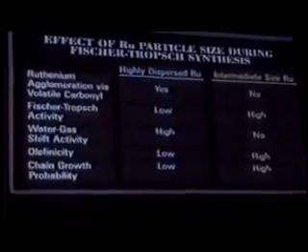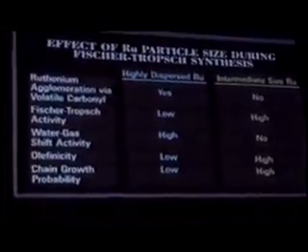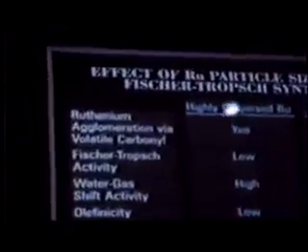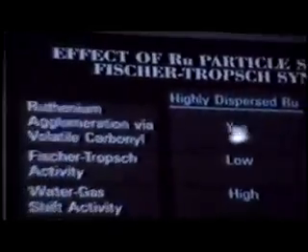This slide summarizes the phenomena we observed so far. Highly dispersed ruthenium, its structure is not stable during Fischer-Tropsch synthesis. It forms a ruthenium carbonyl species and it agglomerates. Intermediate size ruthenium does not do that.